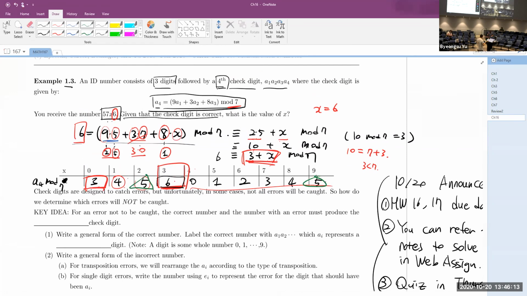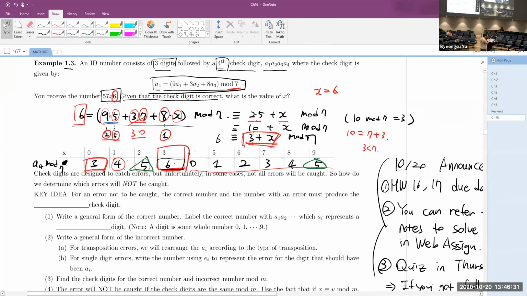So in that case we cannot recover our x. This is called the check digit not catching the error. What we want to do today is figure out when this check digit doesn't work, right?